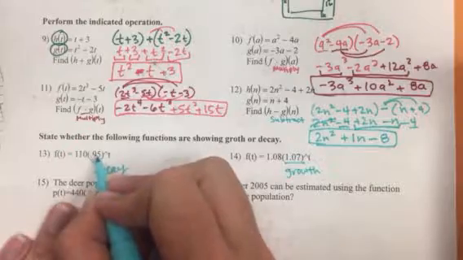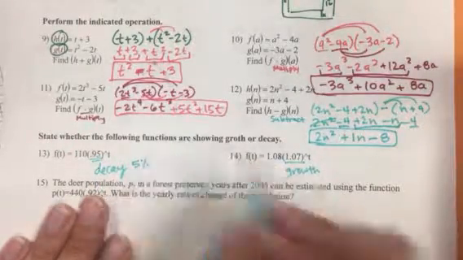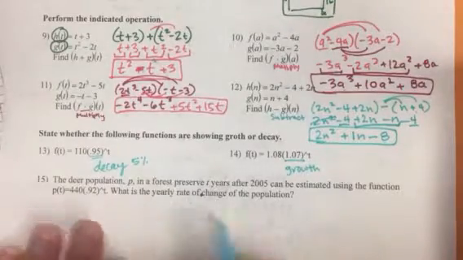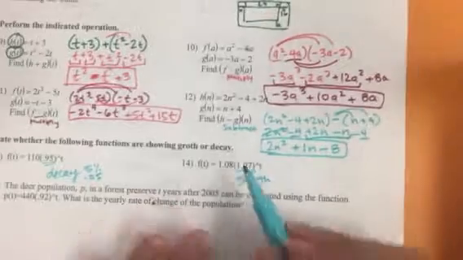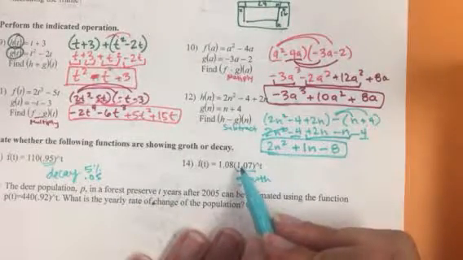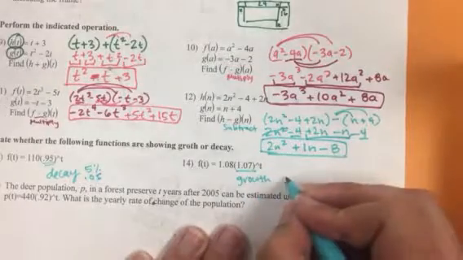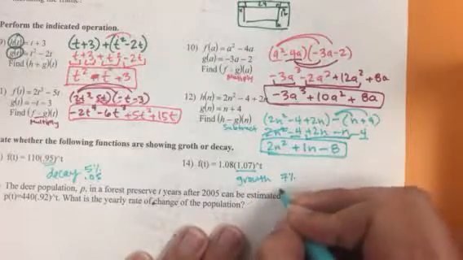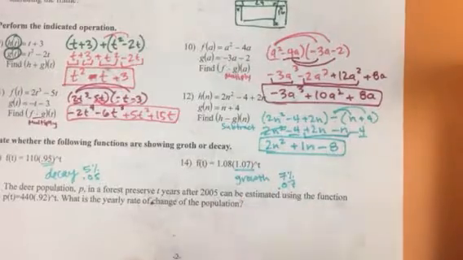So 95 is 5 away, so it's decaying by 5%, or 0.05 if you don't want to write it as a percent. This one is a growth, but from 100, it's going to grow by 7% or 0.07 because it's that much over 100%.